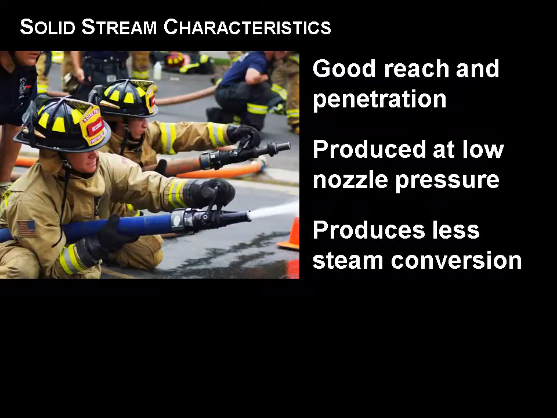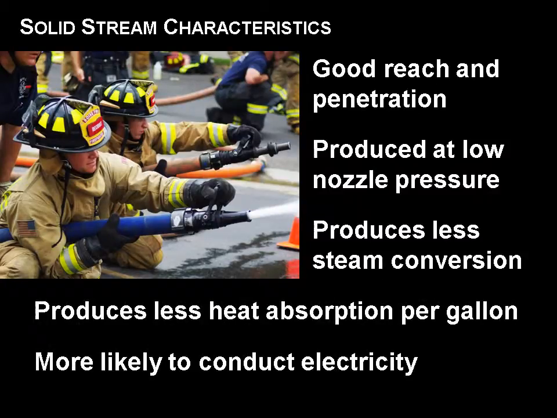It produces less steam conversion and less heat absorption per gallon, and is more likely to conduct electricity. It is a stream that is solid enough to keep its shape even in a breeze.